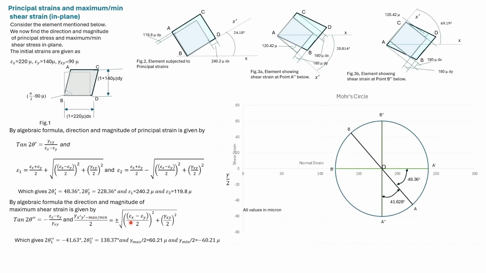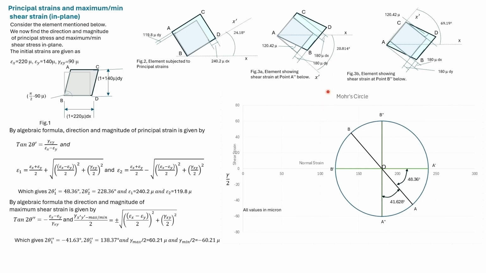These are the equations of direction and magnitude of the maximum and minimum in-plane shear strain. So substituting appropriate values, we get 2 theta double dash 1 and 2 theta double dash 2. We also get gamma max and gamma minimum.